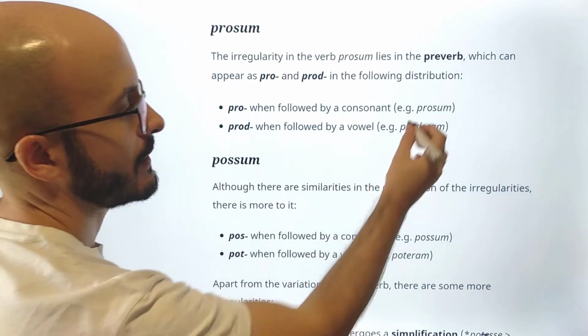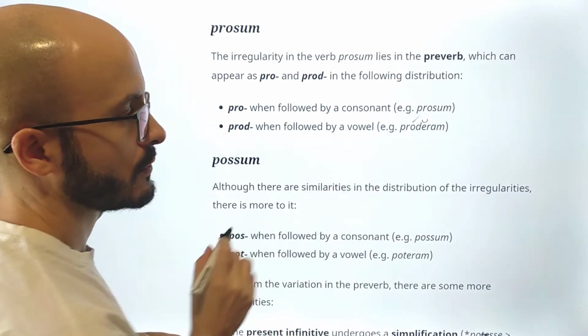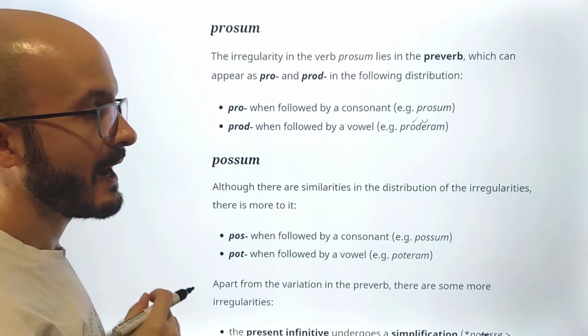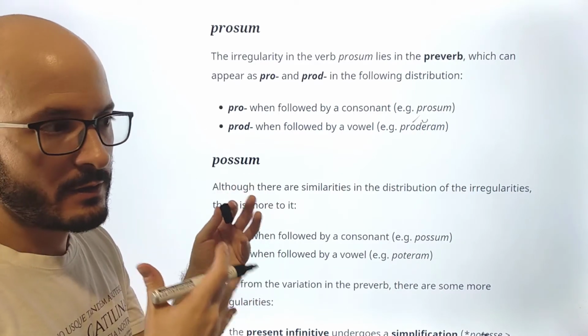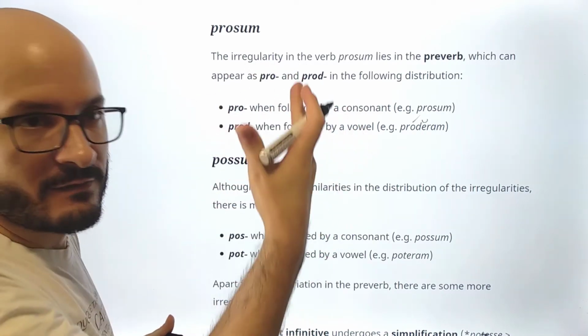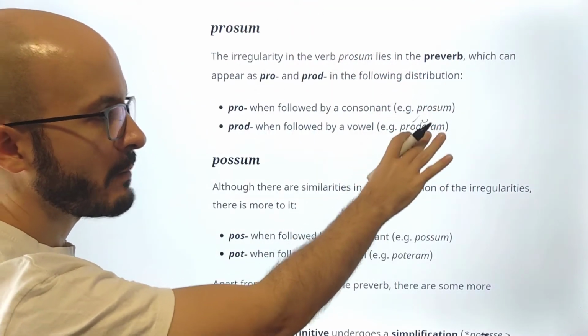Okay? And actually, the stress goes here because this e is short. Okay, so proderam. And now we will practice this more in the texts, in the activities, in the translations. But let's focus here for a moment.